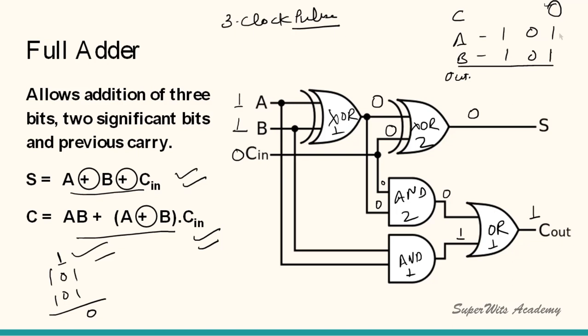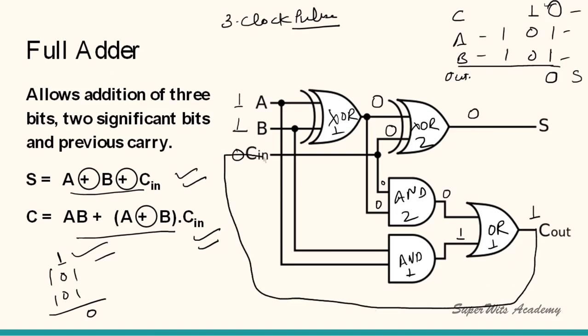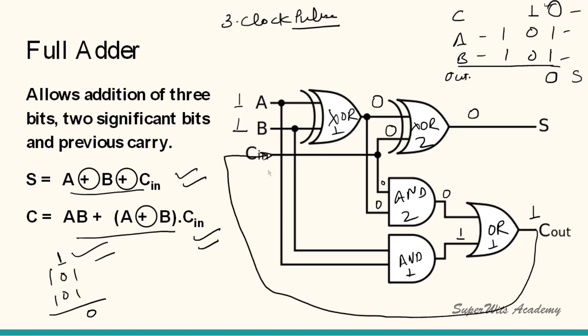The first values have been solved. Here I'm going to write S, so 0. But for the next cycle the carry will be connected with this. The carry is going to be fed to the circuit for the next cycle. So if you see, the values for A and B right now become what? This becomes 0.